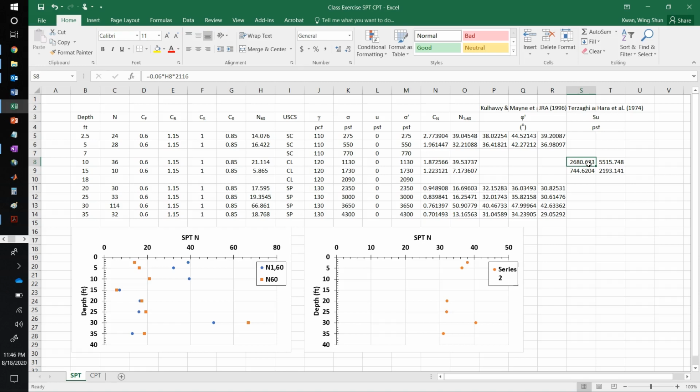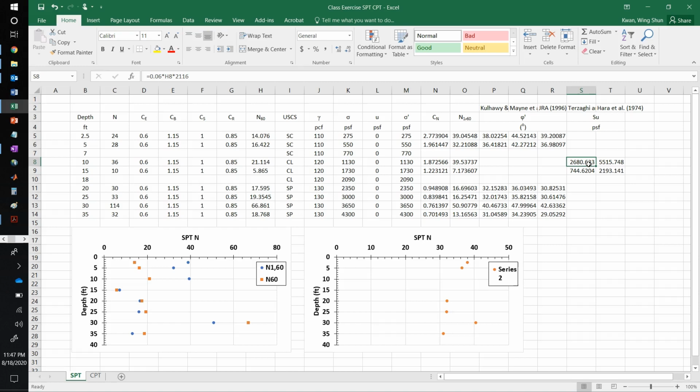You can collect disturbed sand samples, but you need to reconstitute them to the density you want in the lab. But if you go that way, then you lose all the fabric, the sand structure or the soil structure that you may have in the field.